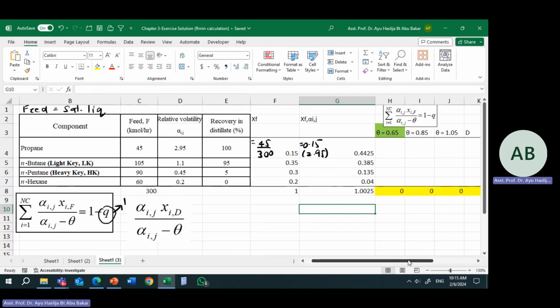As I mentioned earlier, the theta value lies in between the light key and heavy key value.